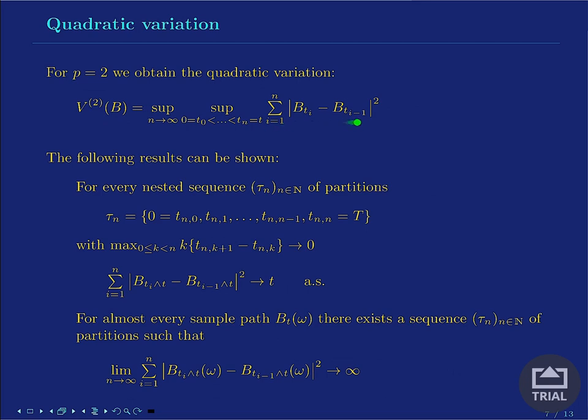To understand that, as it might seem surprising that this does not exist, we can show that actually for every nested sequence of partitions, so that means if we have points in the partition tau_n, so x_0 to x_n, then for the next partition at any higher n, the same points are reused, with of course additionally points to form a new finer partition.